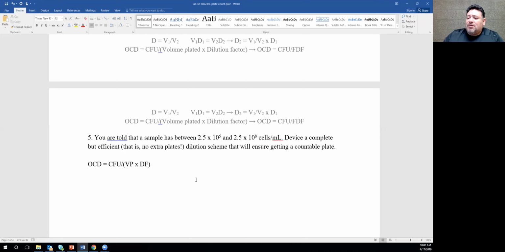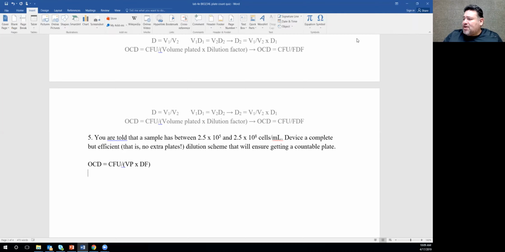The original cell density is equal to the number of colony forming units divided by volume plated times dilution factor. What we're trying to find here is a dilution factor that will allow us to achieve a countable plate.